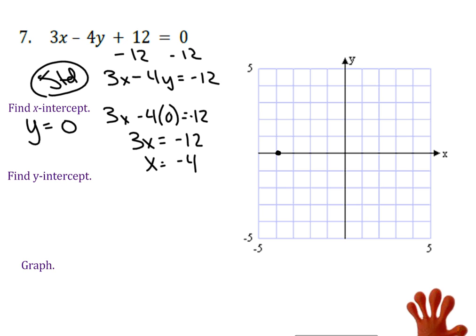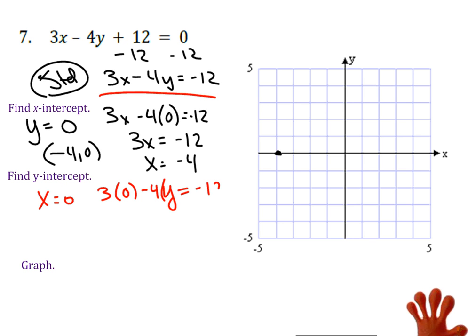So I come over here to negative 4. That's where x is. That is my x-intercept, so it's going to be negative 4, 0. There's my x-intercept. Y-intercept, flip it around. Let x be 0, figure out what y is going to be. So I do 3 times 0 minus 4 times y equals negative 12.